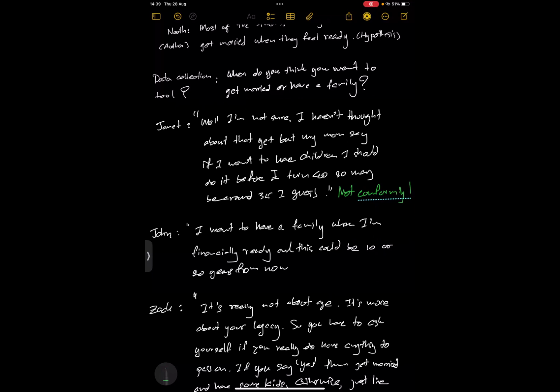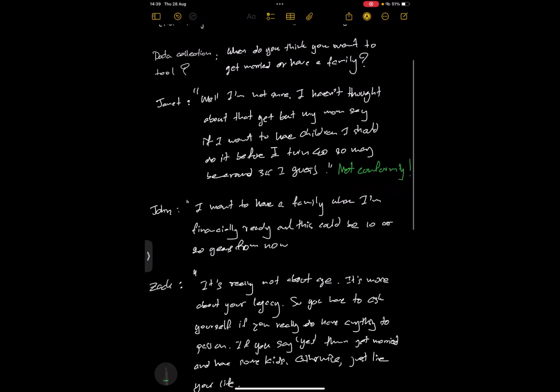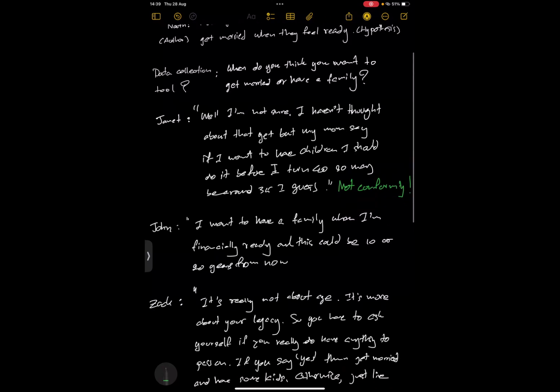He wants to get married based on one condition: financially ready. So that means if he has enough money to feed himself and also his family, that's when he's happy to have a family. So this one actually agrees. It actually conforms with my hypothesis. This one is good.